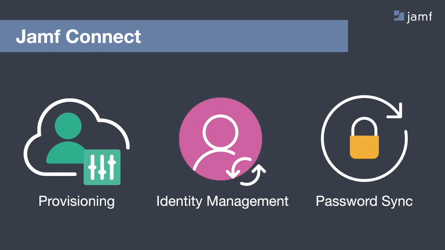And provisioning is that idea that bootstrapping yourself into a user account on the Mac should be as simple as knowing what your single sign-on provider's username and password is, and having the ability to walk the user through that initial setup to create the local user account on the Mac with the correct local permissions.